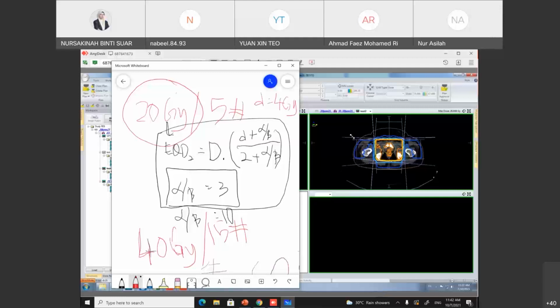If you already cure your brain tumor, but you cannot walk, you have to be bedridden forever, will you choose that? Definitely, I don't think you will choose that. I would choose the balance of my life where I can still live as normal. So this is the balance between the tumor and the organ at risk.